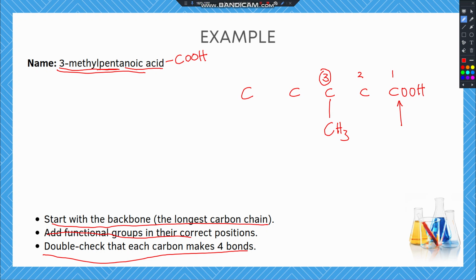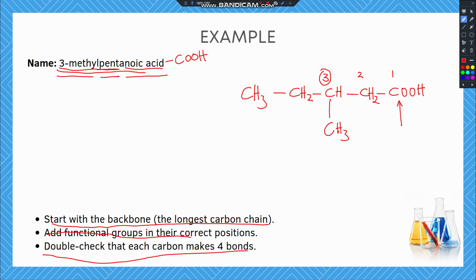So we have taken care of the methyl, we've taken care of the functional group, and we've taken care of the pent. So let's fill the remaining positions with hydrogen. So we have CH3 bonded to CH2 bonded to CH bonded to CH2 bonded to COOH.